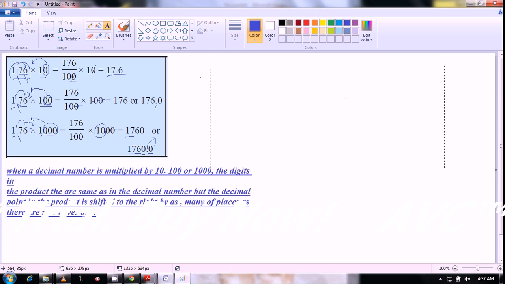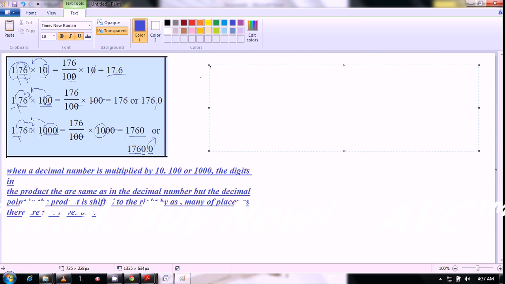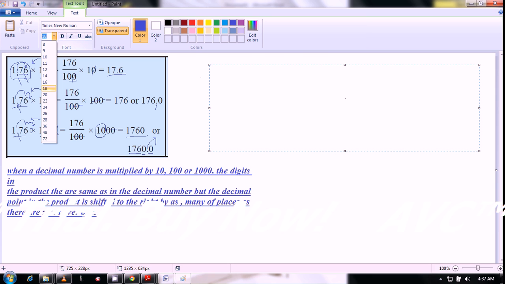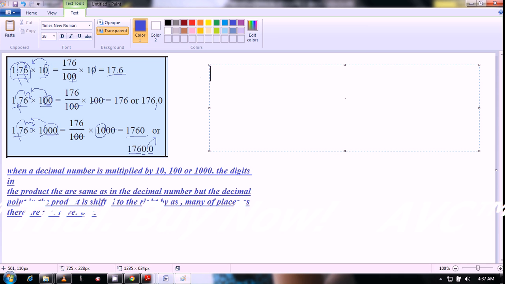Better we will write here so that it's clear. Suppose we have 1.23 multiplied with 10. So what will be the answer?